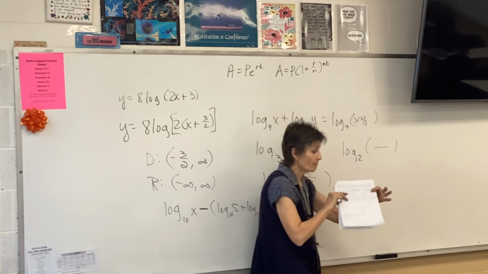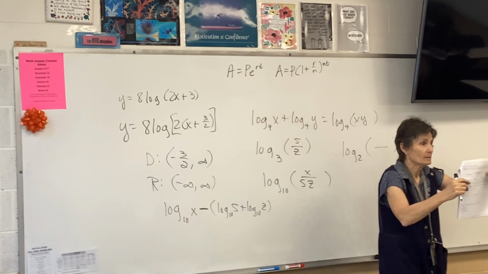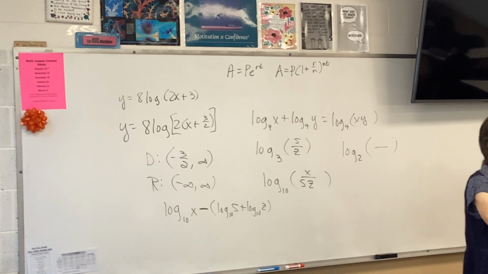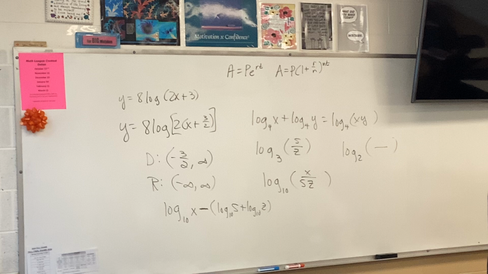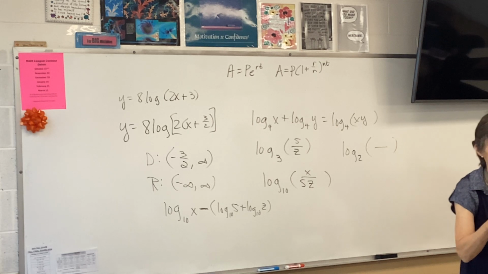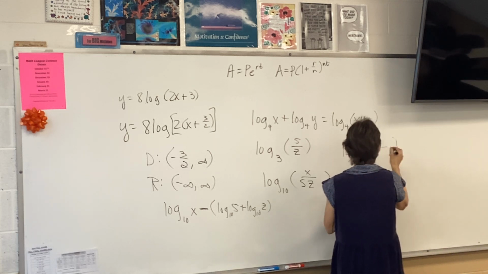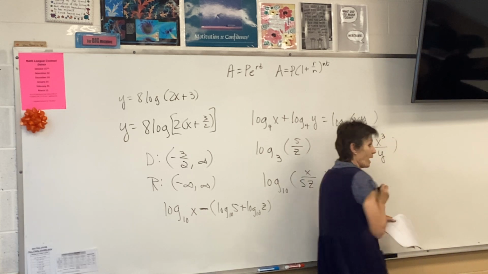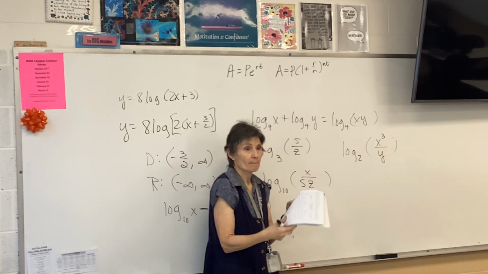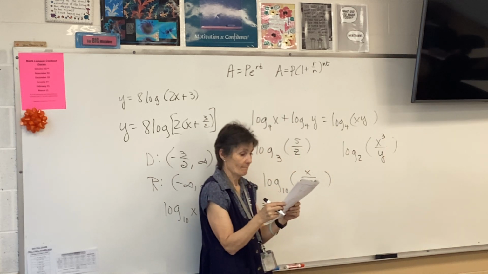Okay, look in the third box of your properties there. Where does an exponent end up? Out in front as a coefficient, and it works vice versa. So if it's a coefficient, it becomes an exponent. So this is x cubed over what?